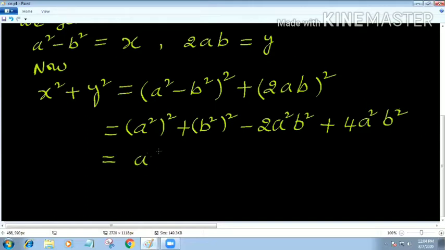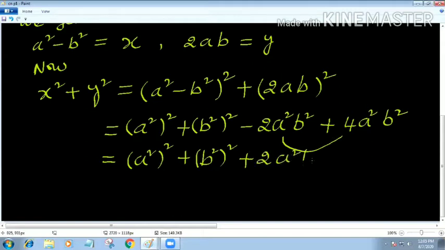The other terms are as they are, a square whole square, b square whole square. These two terms put together, minus 2 a square b square plus 4 a square b square will become plus 2 a square b square.